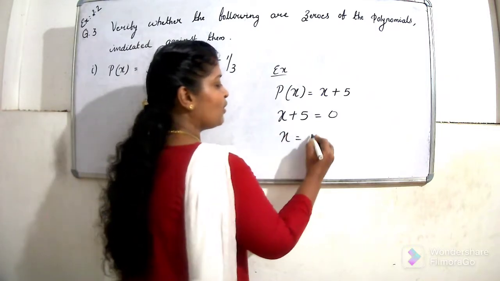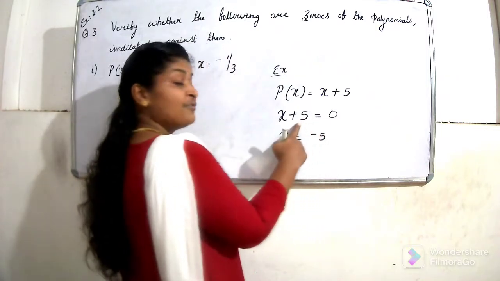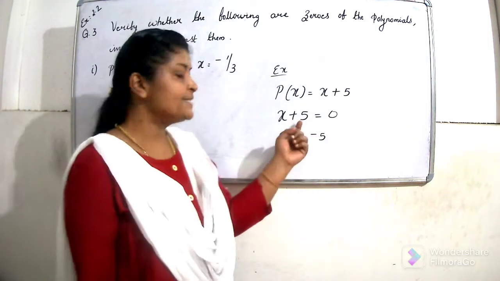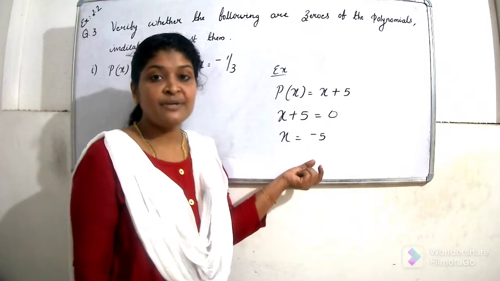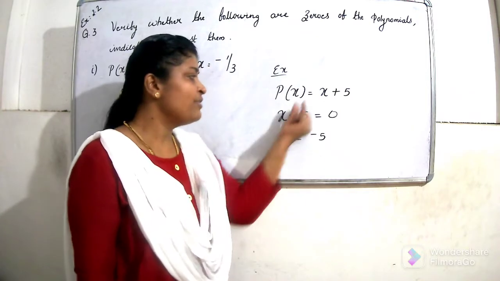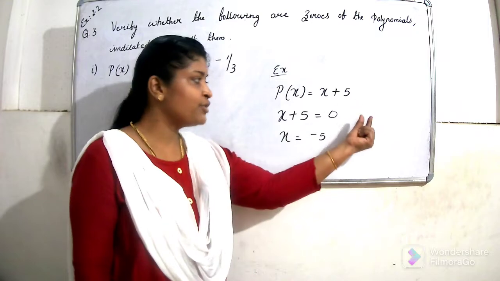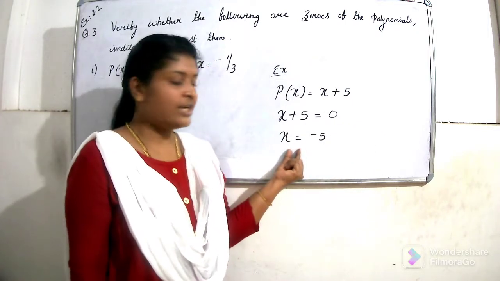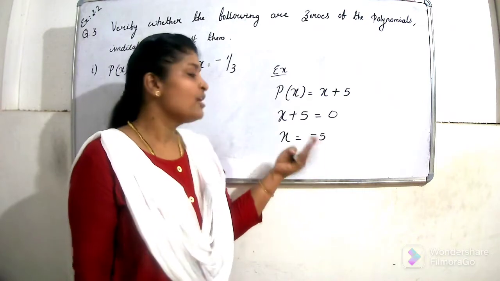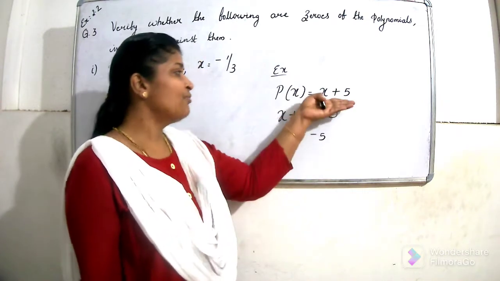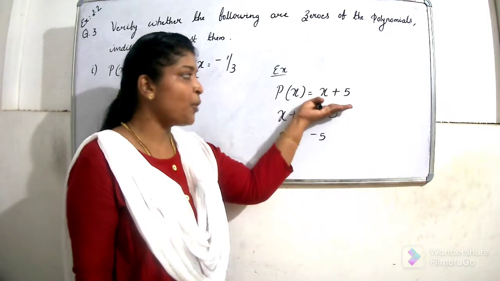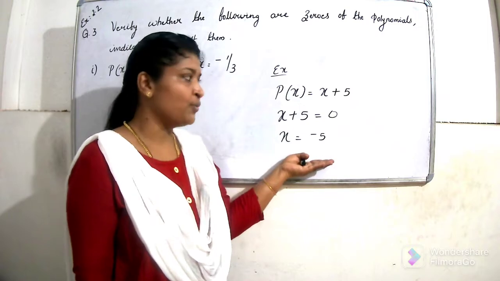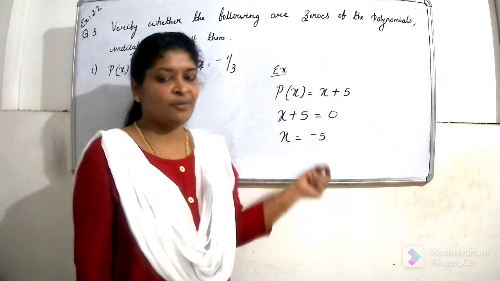So x is equal to negative 5. If we shift this positive 5 to the other side of the equality, its sign changes. This is called transposing. So when we shift plus 5 to the other side, it becomes minus 5, and we get the answer for x, which is negative 5. While seeing the polynomial itself, we will understand what the zero of the polynomial is.